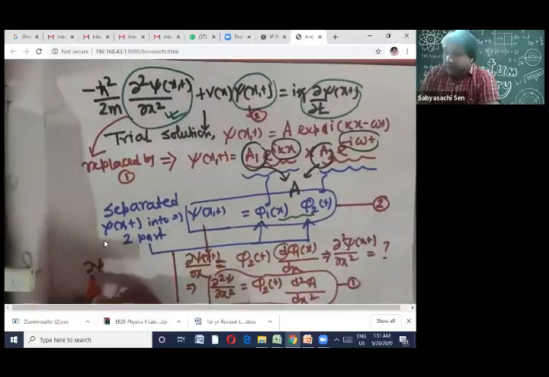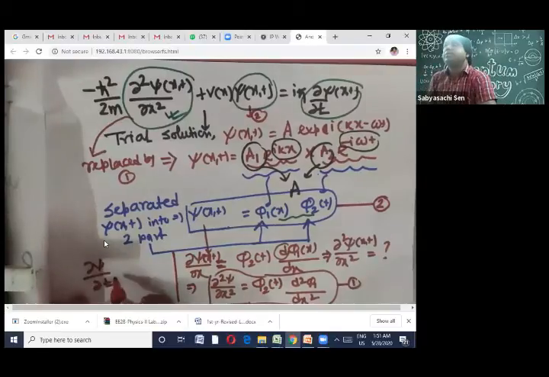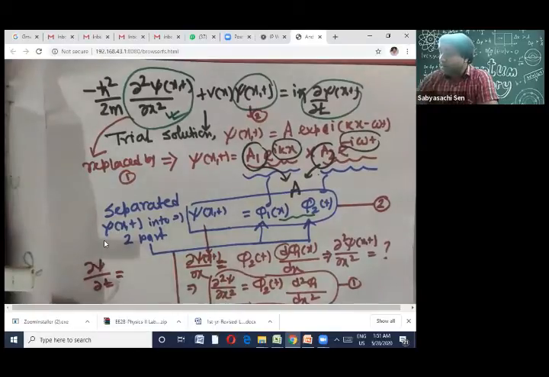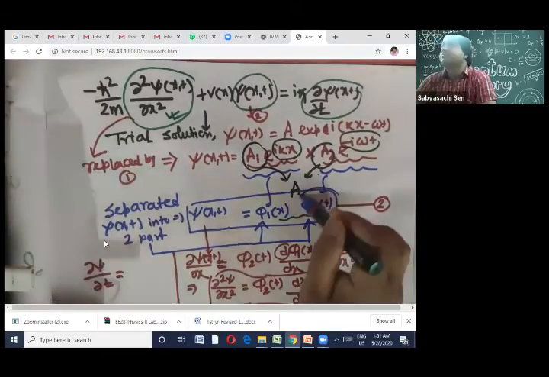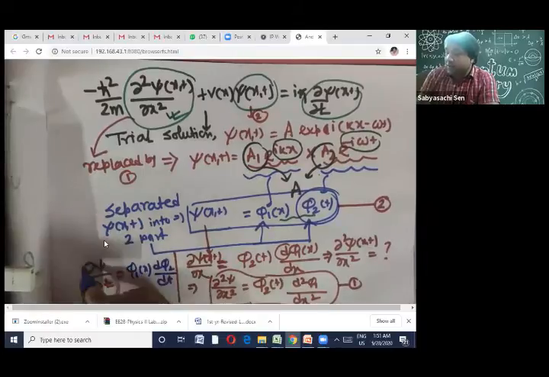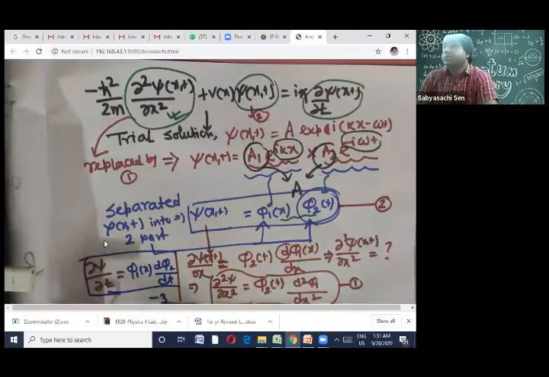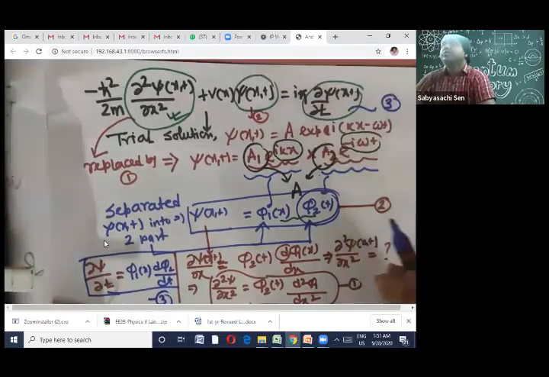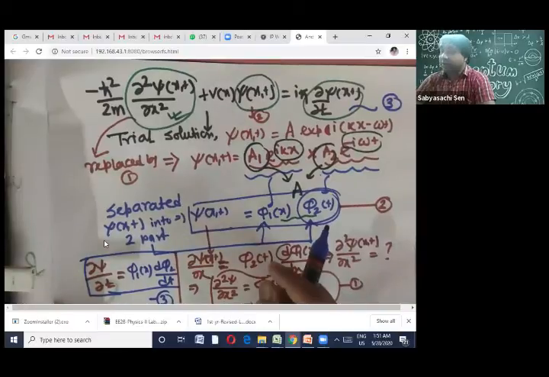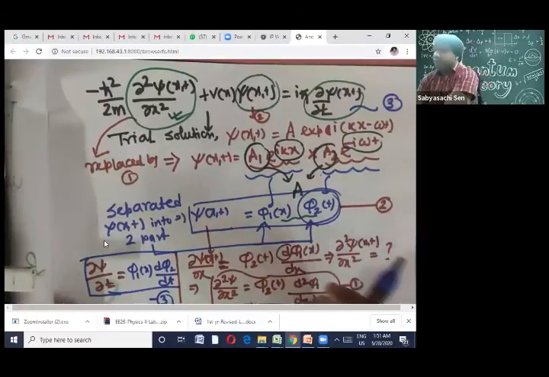If I calculate del psi del t, you are differentiating with respect to time, so only phi 2 will be differentiated and phi 1 will be constant. It will be d phi 2 dt. I call this equation 3, and this quantity will be replaced by equation 3. So my next job is to replace all the psi's with phi's. Let us do it.